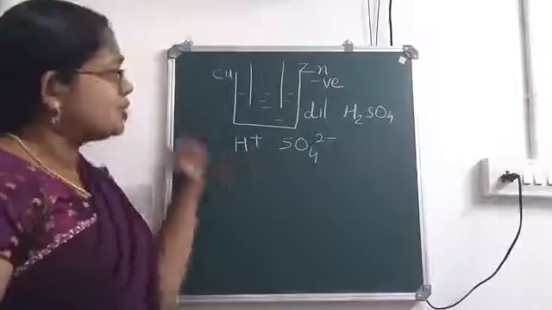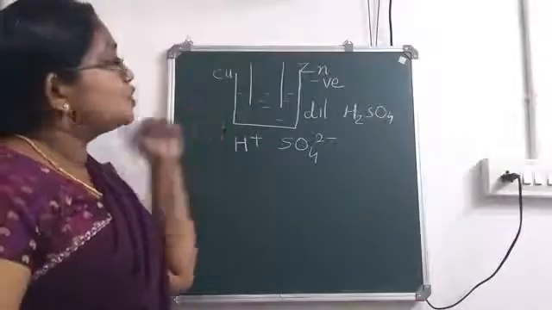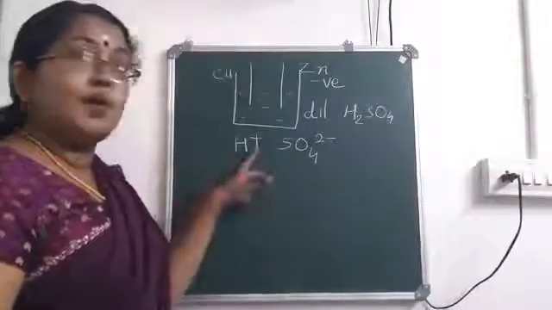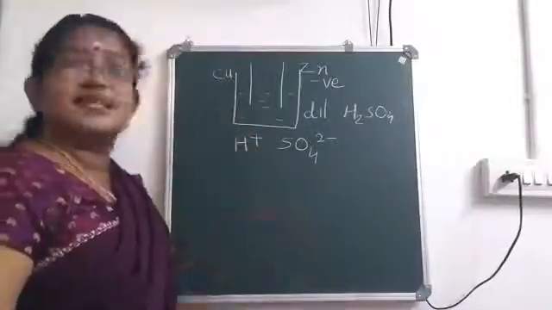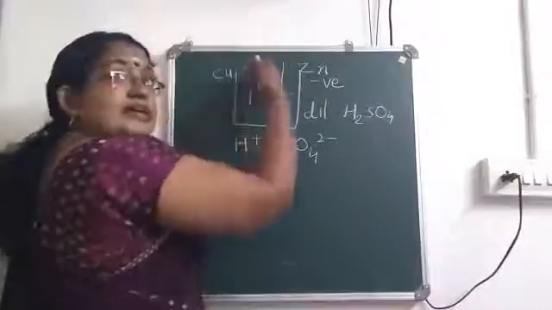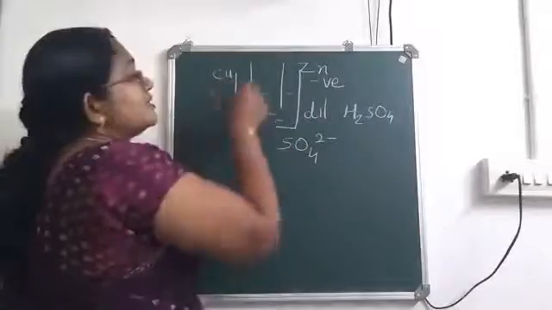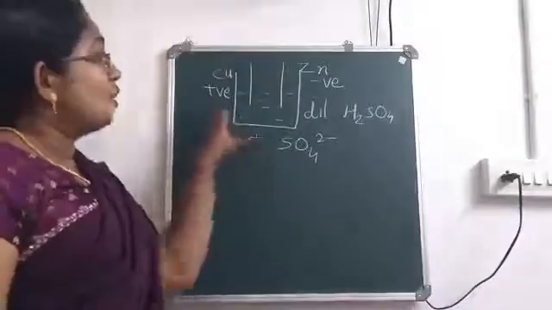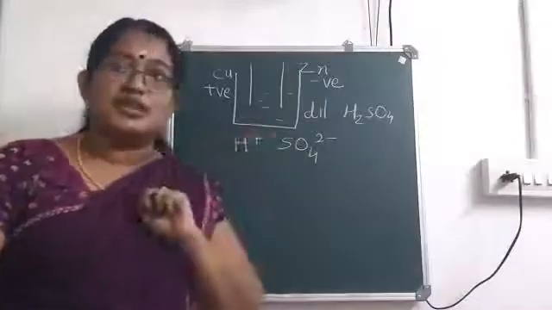Similarly, H plus ions, which are positive ions, will move towards the copper electrode and attract electrons from it. Electrons are removed from the copper, so it will become positively charged.